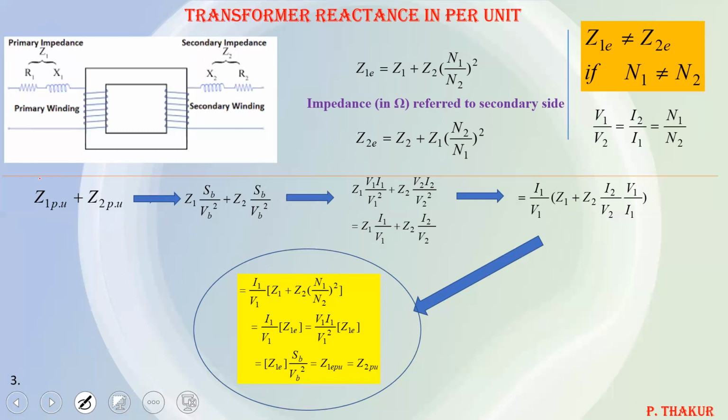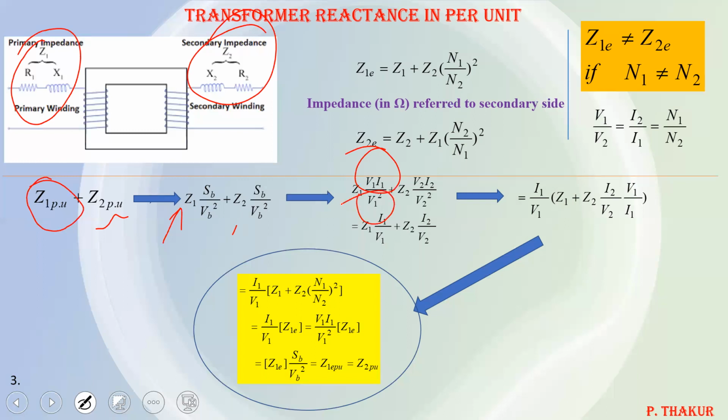So what will be the value of Z1 per unit? Z1 per unit will be its actual value into SB by VB square. And what will be the value of Z2 per unit? Z2 per unit will be its actual value into SB by VB square. And for primary side, for this Z1, SB will be V1 I1 and VB will be V1.